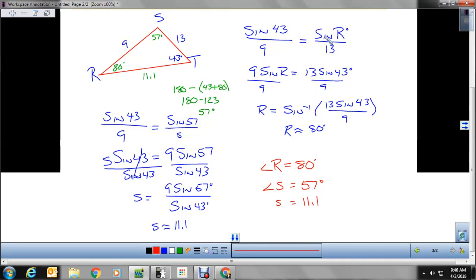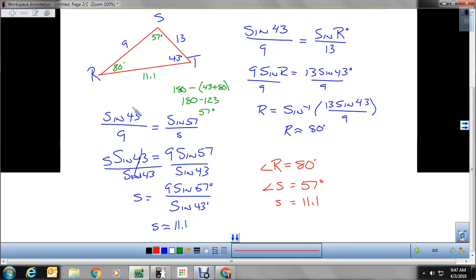Now, to set up our other side of the proportion, we're going to do the sine of R over the side across, which is 13. So we have to find R first. Cross multiply, inverse sine of 13 sine 43 divided by 9 is going to give us approximately 80 degrees. Now, once we found 80, we can add 43 and 80 together to get 123, and subtract it from 180 to get 57.